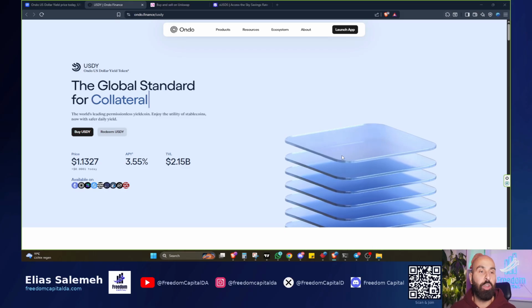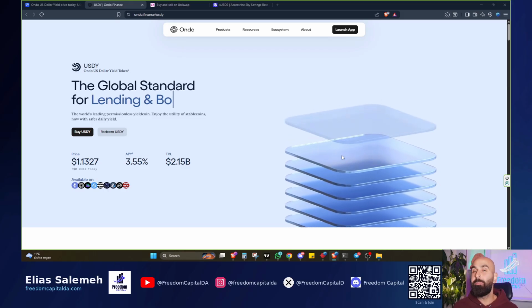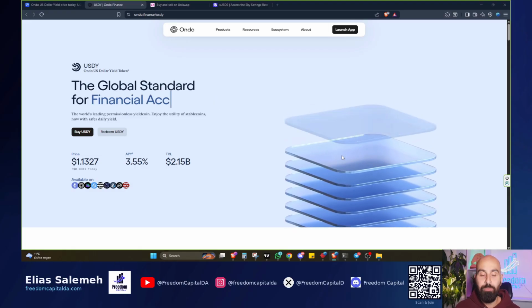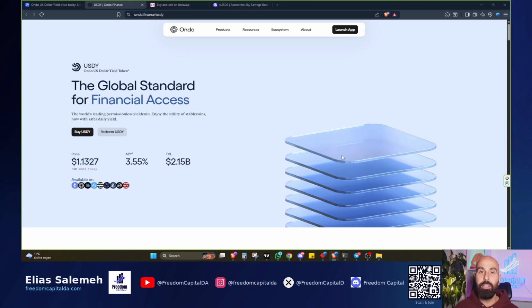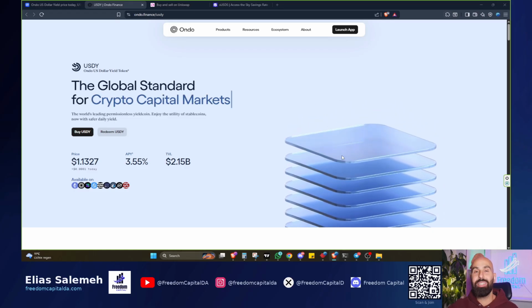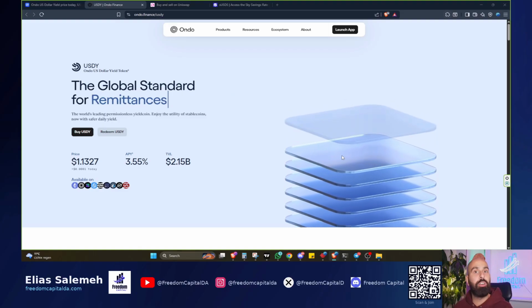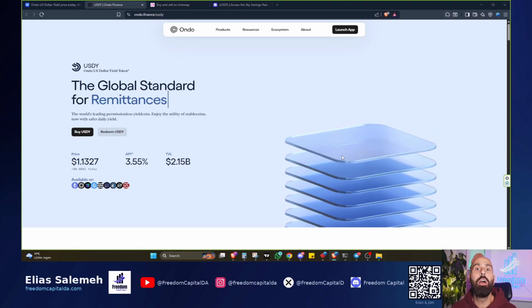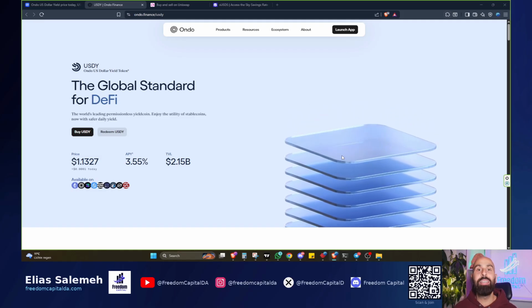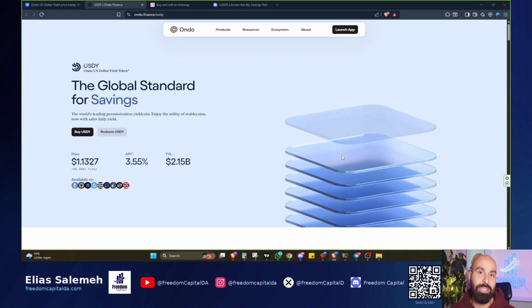So in the case of USDY, they pass on around 3.55% of the yield directly to you, while the federal funds rate as of the time of shooting is 3.75%. So there is a small percentage that goes to cover the costs of running such a vehicle. Nevertheless, you are getting yield that you will never be able to get with a savings account.